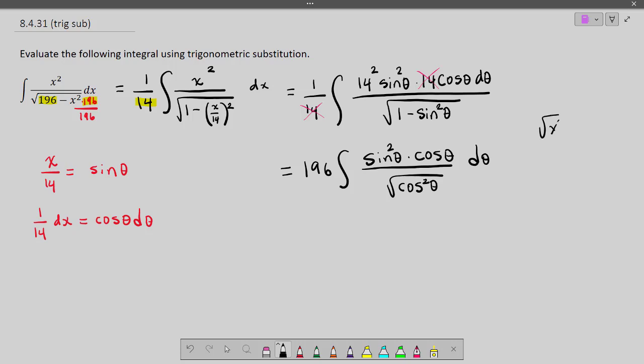So then minus 98 multiplied by sine of theta, which is x over 14. We can get it from up there or right here. Sine is opposite over hypotenuse, x over 14. Cosine of theta is adjacent over hypotenuse. So that will be the square root of 196 minus x squared divided by the hypotenuse, which is 14, plus c.